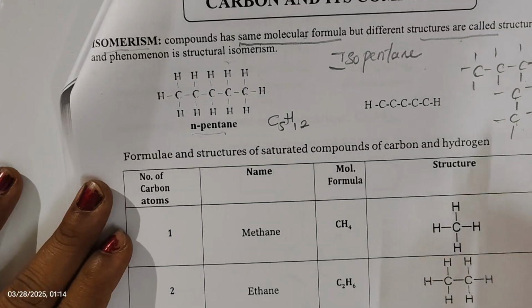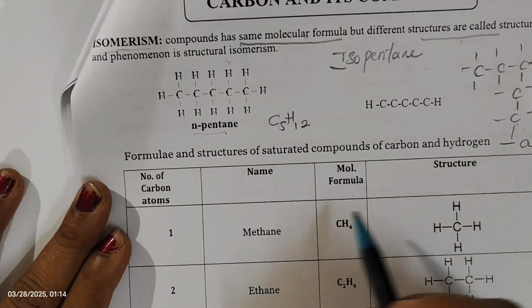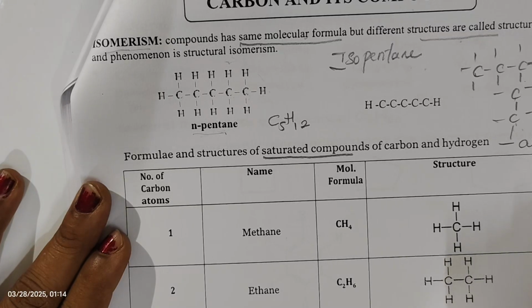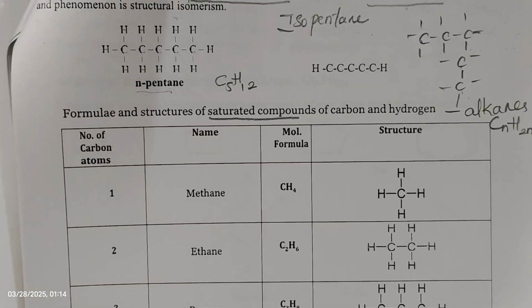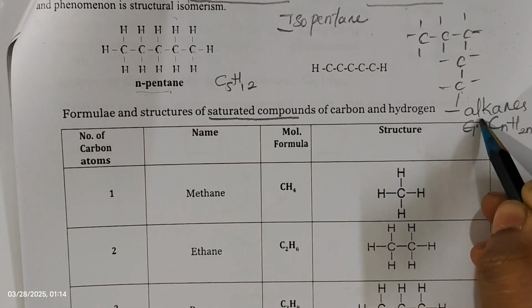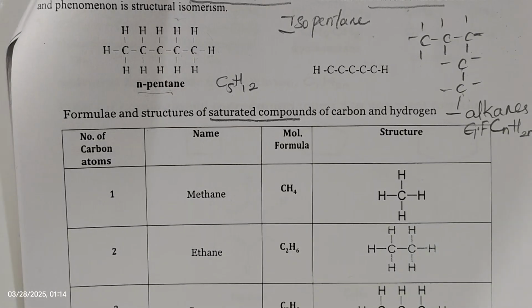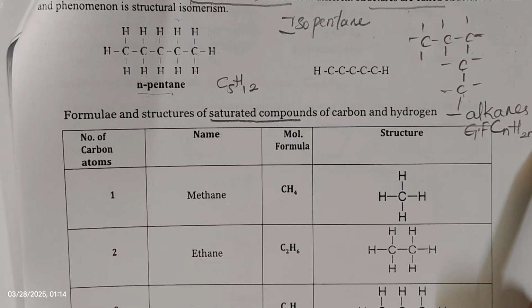Alkanes are saturated compounds, and they have the molecular formula CnH2n plus 2. So the general formula of alkane is CnH2n plus 2.